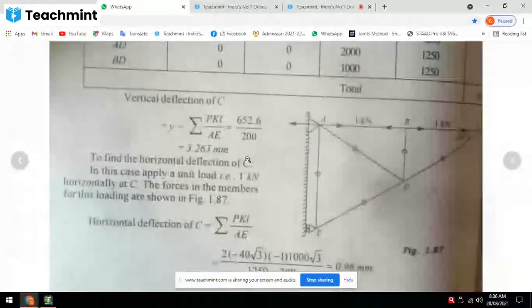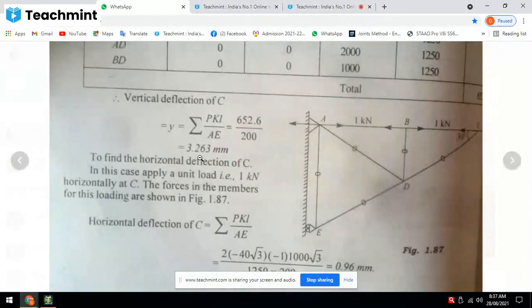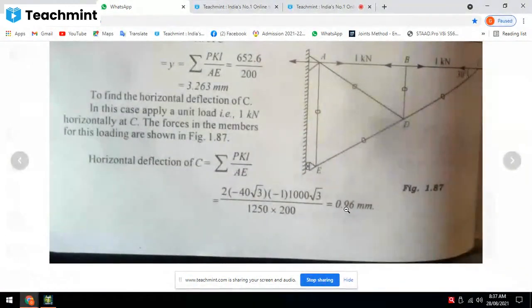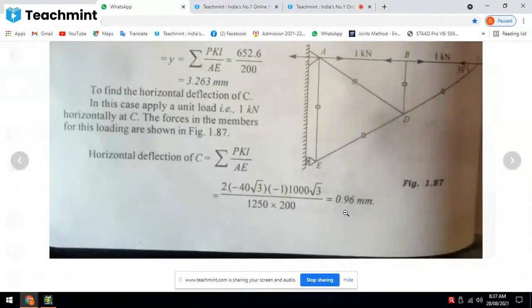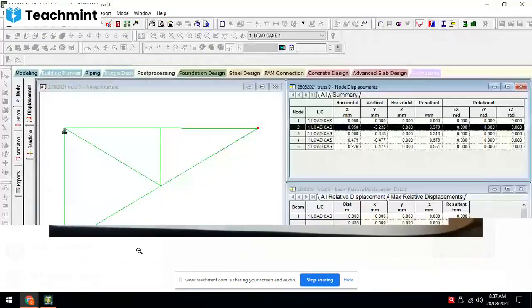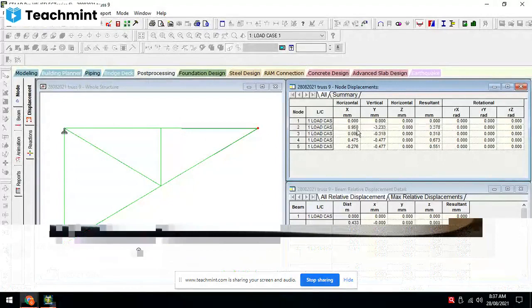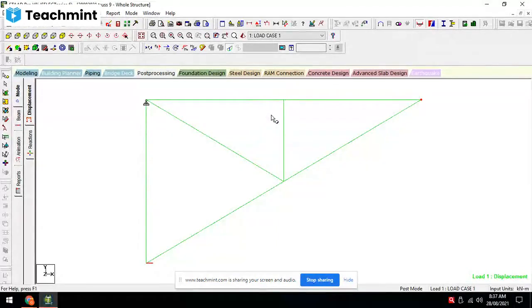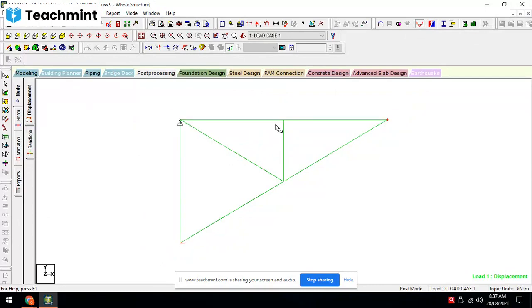So 3.23 against 3.26 in calculation, and horizontal 0.95 against 0.96 in calculation. So these values are matching. Is it understood, all of you?